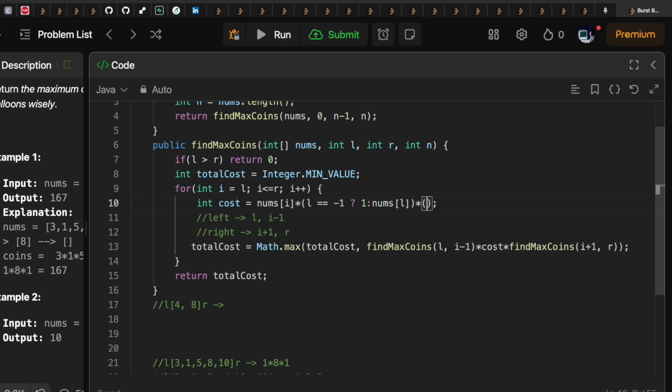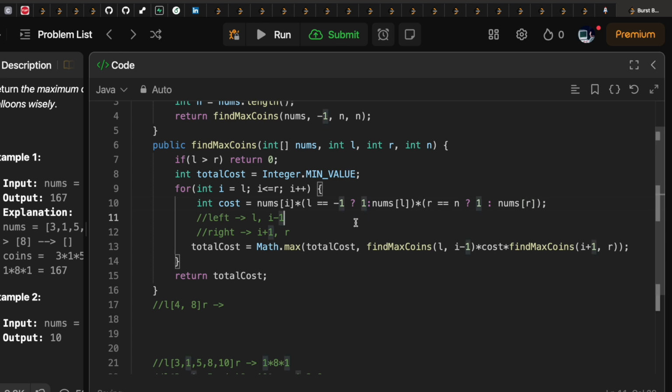Let's say if our r becomes equal to n, then in that case it's 1, otherwise it's nums of r.